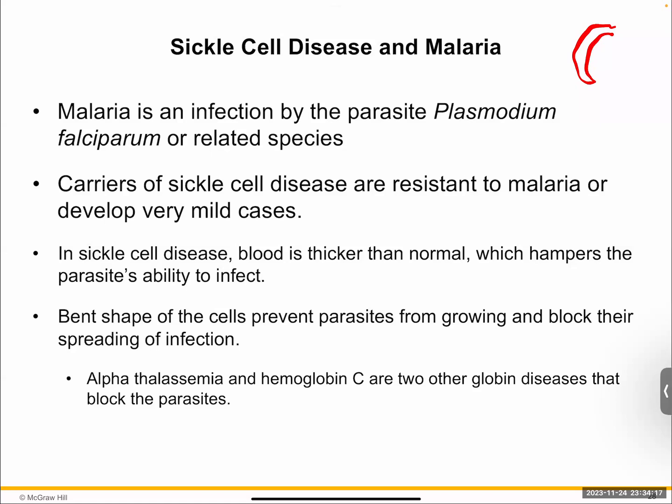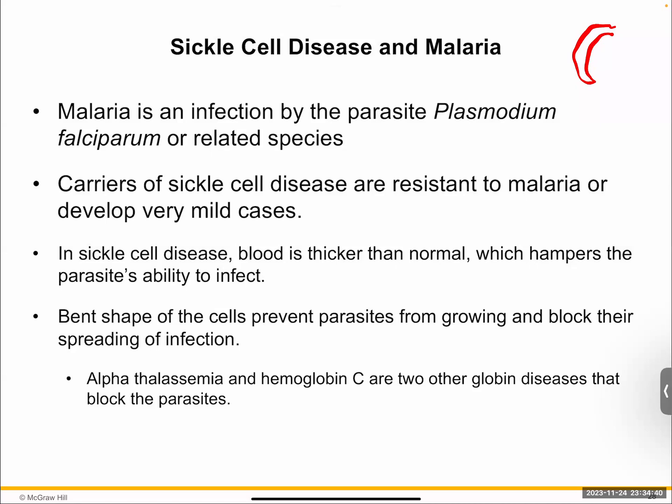One of the main reasons is the crescent shape of the red blood cells, instead of being round, and this difference in shape hampers the parasite's ability to infect. So your mosquito, even though it may bite you, cannot pass the malaria down to you.